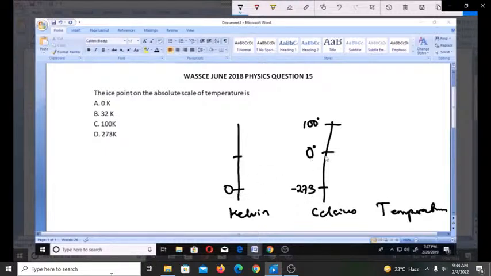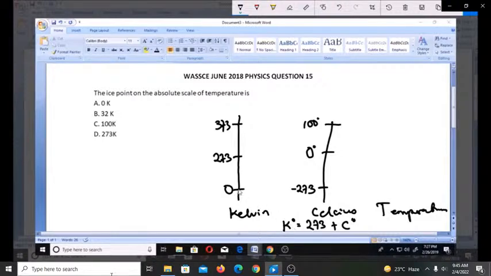If you say 0 plus 273, you have 273. If you say 100 plus 273, you have 373. So that's the difference between a Kelvin scale and a Celsius scale. Every Kelvin is equal to 273 plus the Celsius.